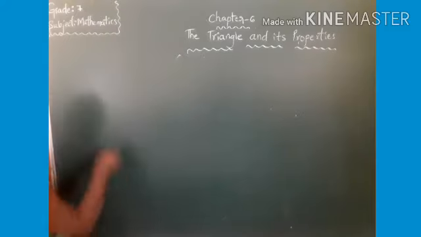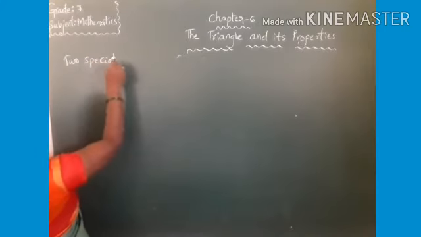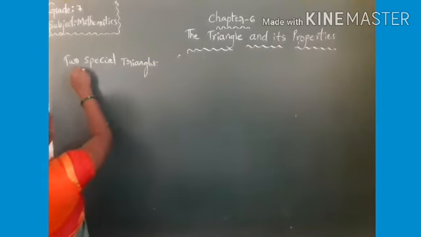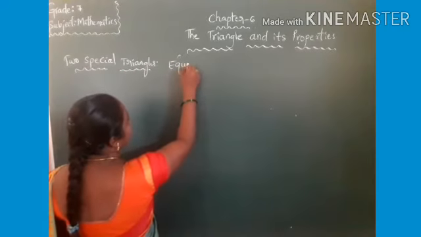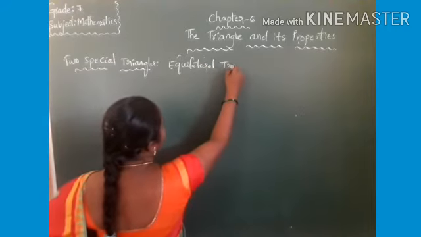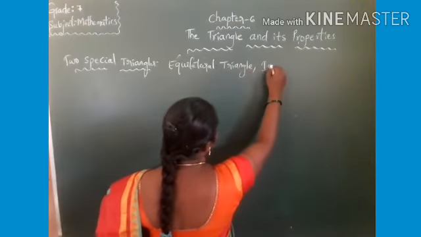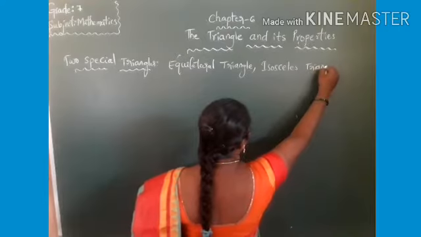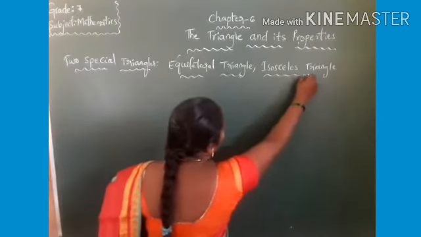Two special triangles. What are they? Yes, the triangles are the equilateral triangle, and one more is the isosceles triangle.